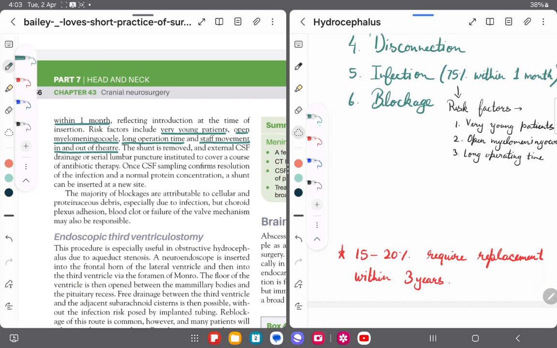Treatment, management: number 1, remove the shunt.